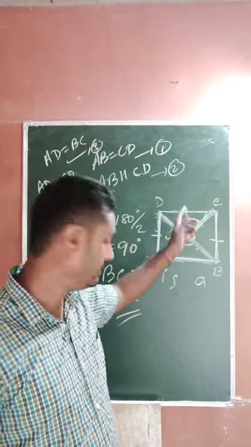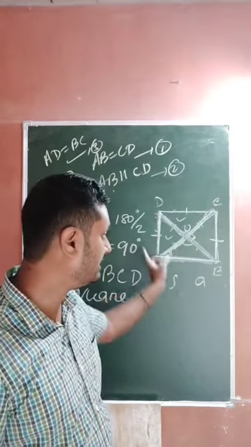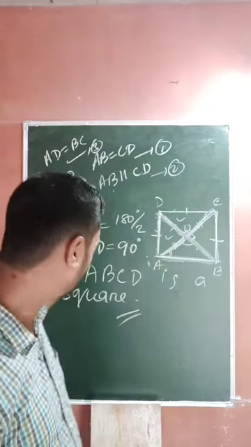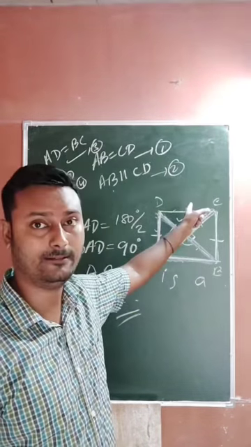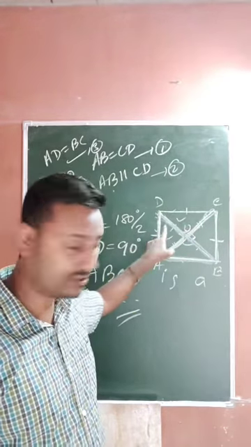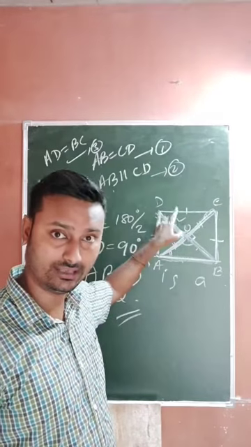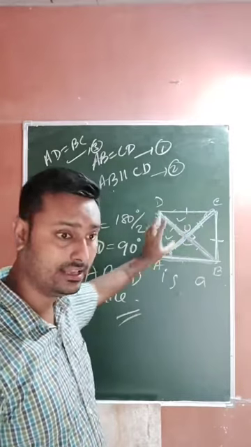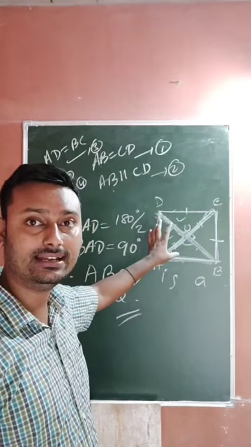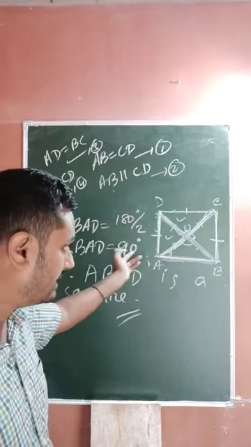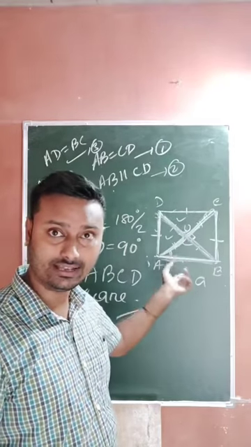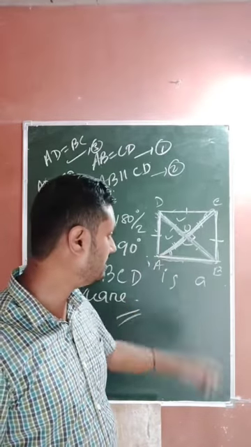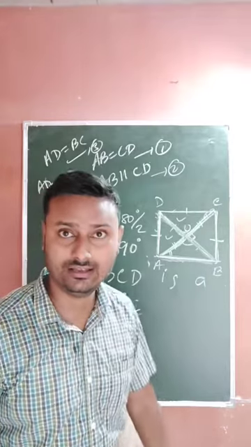If you cannot mention that ABCD is a parallelogram, then you have to prove all the angles are 90 degrees. If you mention that ABCD is a parallelogram, then if you prove one angle is 90 degrees, automatically it follows the criteria. In a parallelogram, if one angle is 90 degrees, then all the angles must be 90 degrees.